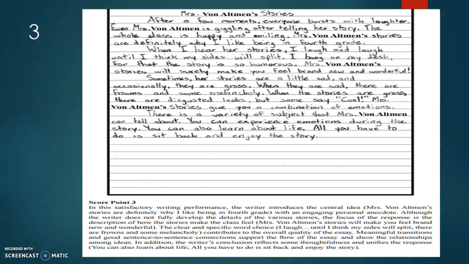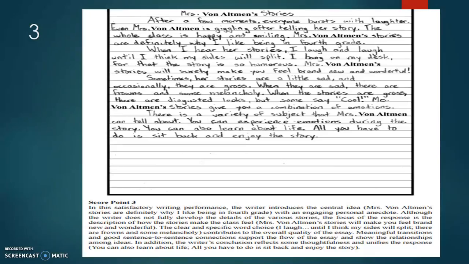So, although the writer does not fully develop the details of the various stories that Miss Von Altman tells, the focus of the response is the description of how the stories make the class feel, like it makes you feel brand new and wonderful. The clear and specific word choice, like I laugh until my sides will split, or there are frowns and some melancholy, contributes to the overall quality of the essay.